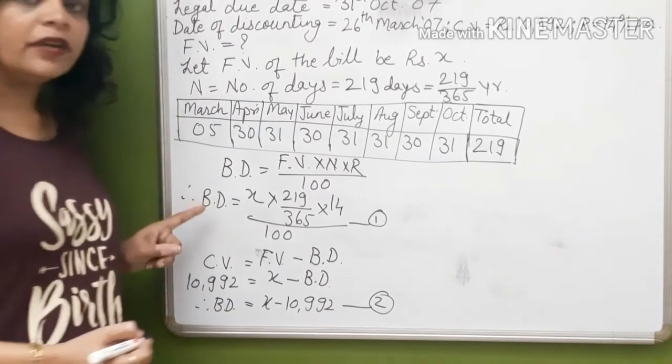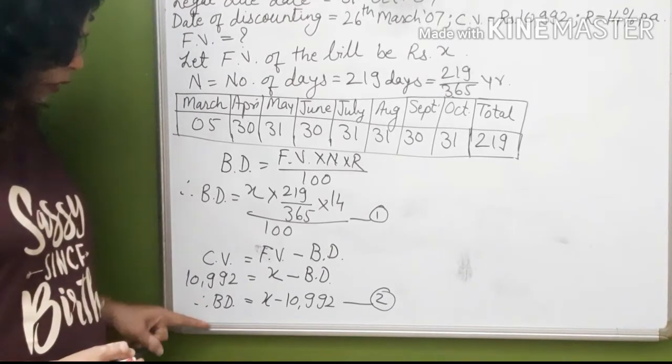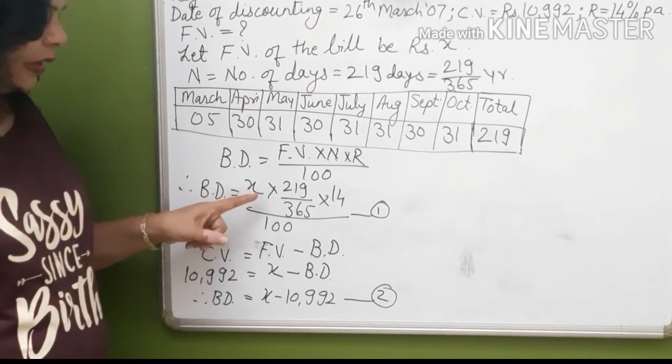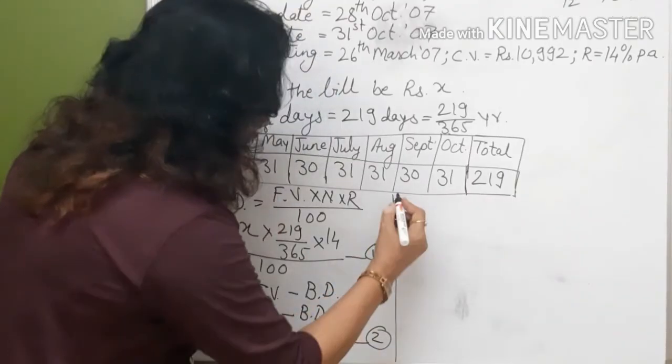Now see, your first equation and second equation, on left hand side we get banker's discount. So they are equal. So we can equate the right hand side. So we will write from 1 and 2.